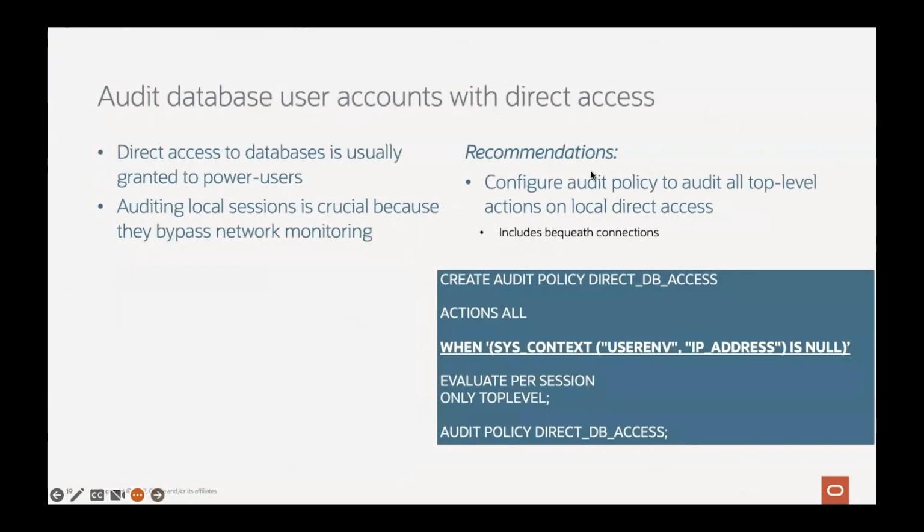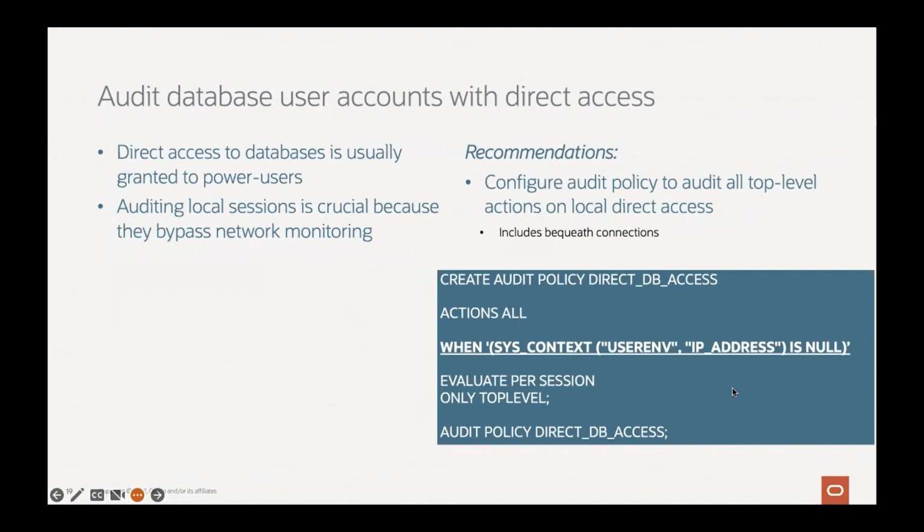Now, coming to the direct access, this is a sample direct DB policy. This requires custom audit configuration, and we encourage you to create a similar one with the top level clause and with the IP address set to null, and this does all the bequeath connection auditing.